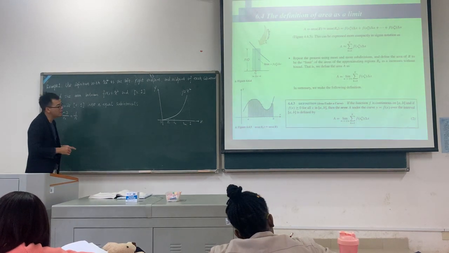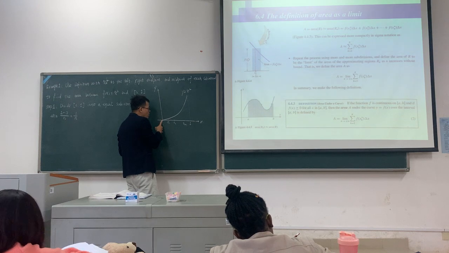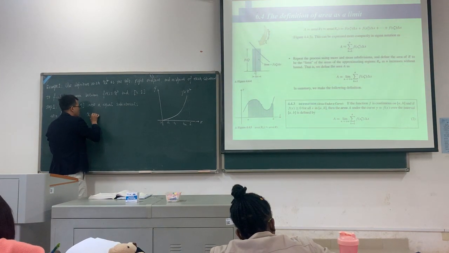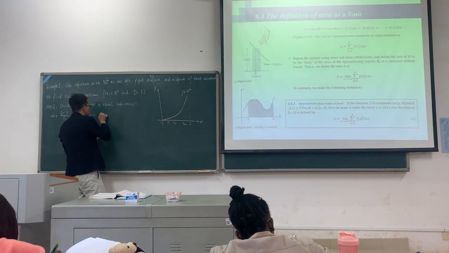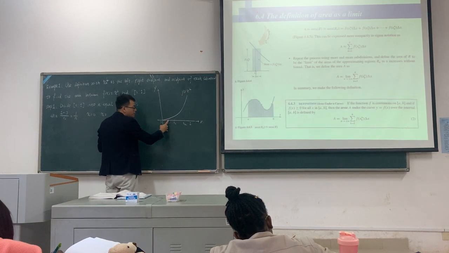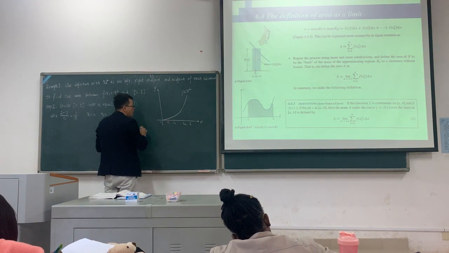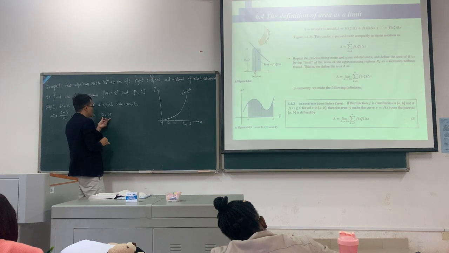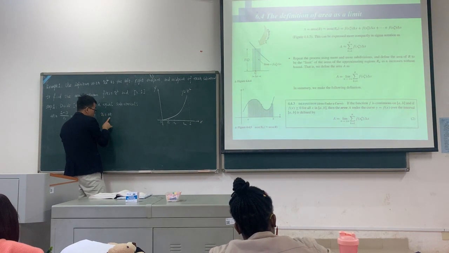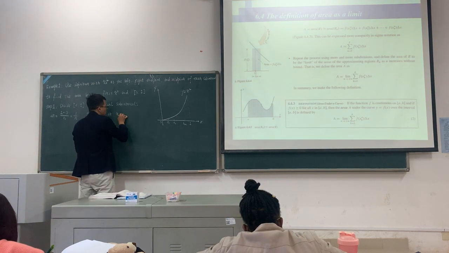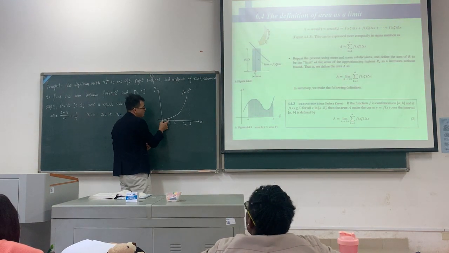Now let's see, the left endpoint we denote by x0. So x0 equals 0. x1 equals what? x1 actually equals 0 plus delta x. So x1 equals 0 plus 1 delta x. x2 equals what?